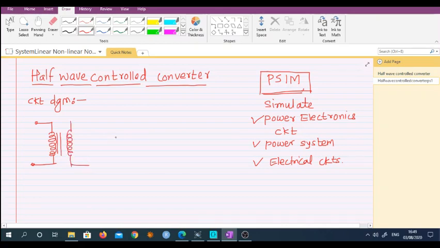This is a step down transformer, and we are connecting a single SCR. Let's call this a thyristor T, and here we are connecting a resistor as a load. Okay, so here the load is a resistive type.